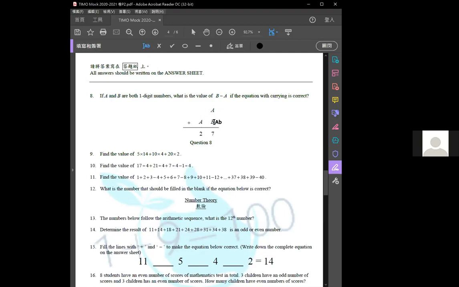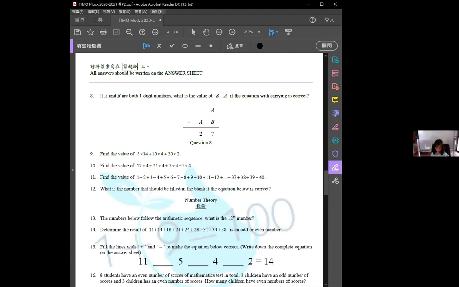In this case, B must be 9. But even when B is 9 and A is 1, the answer is 20. The maximum value is 20, and it cannot be higher than 20, but the answer given is 27. So there's a contradiction here. So that means the carrying is just confusion, just trying to trick you.